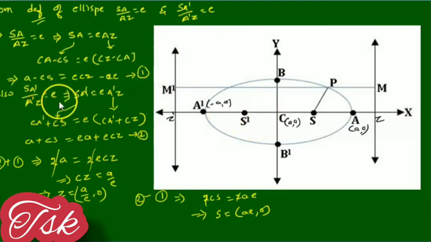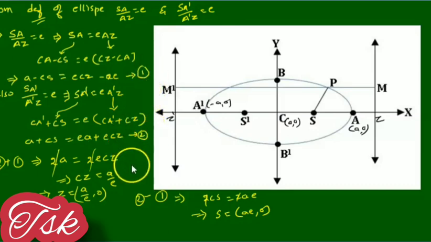SA dash by A dash Z is equal to E. This implies SA dash is equal to E into A dash Z. SA dash means CA dash plus CS. A dash Z means A dash to C, C to Z, that is CA dash plus CZ. Therefore, taking CA dash as a, we get a plus CS is equal to E a plus E into CZ. That is equation number 2.